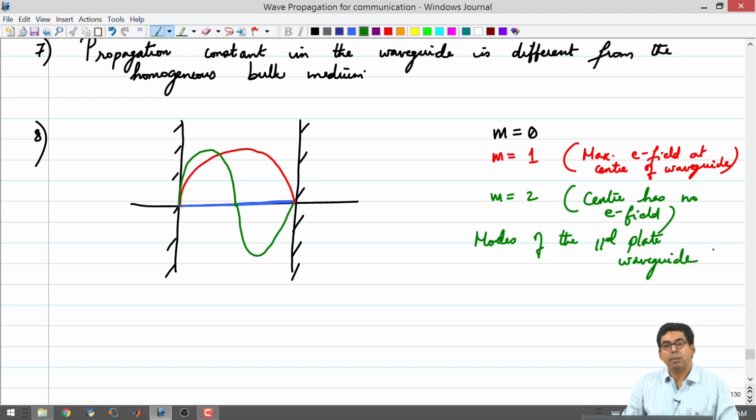In order to know the profile of the modes, the only way is to use a tiny detector and move it from one wall of the waveguide to the other wall while you are measuring the current. Then only you will notice that there is a maximum current at the center. So, this kind of a profile is an m equal to 1 profile, you can say.